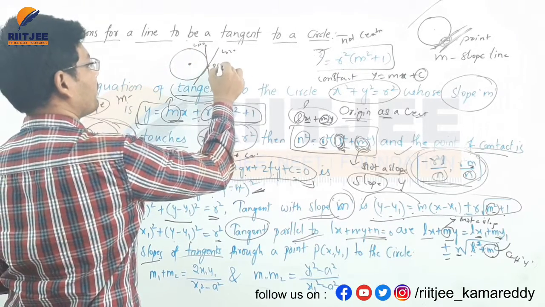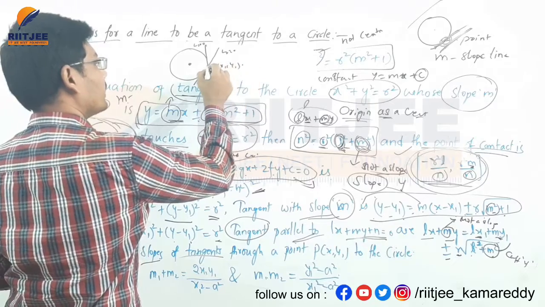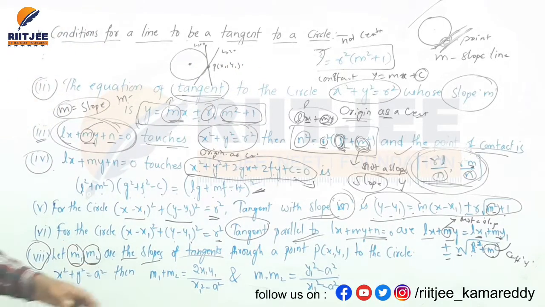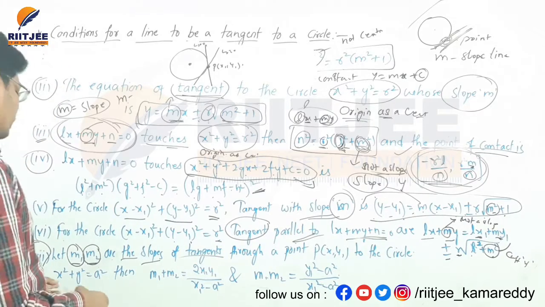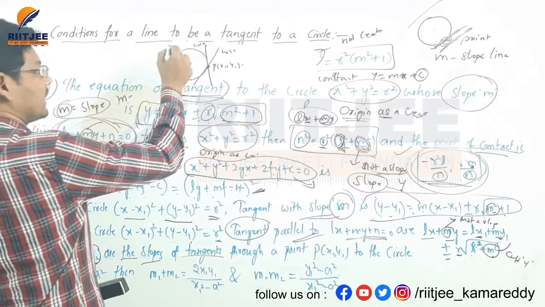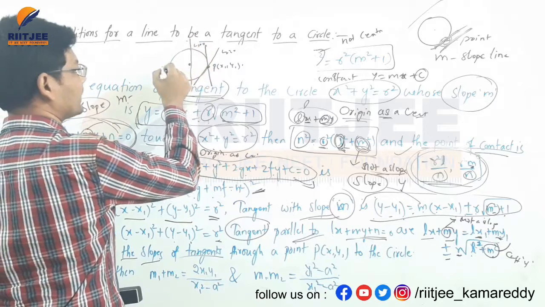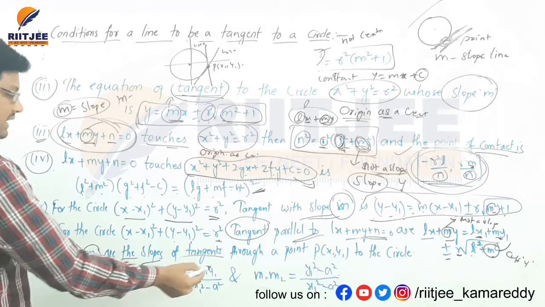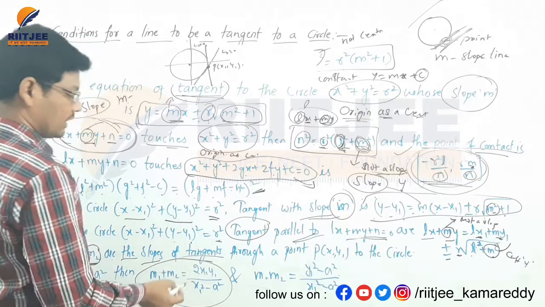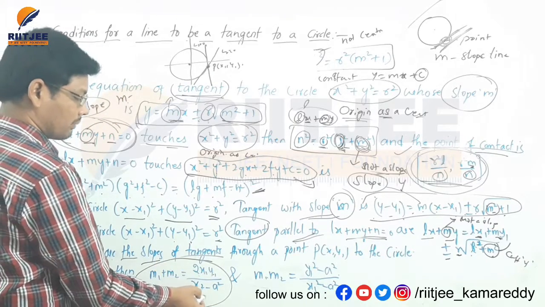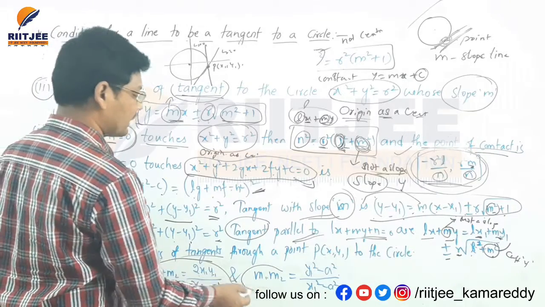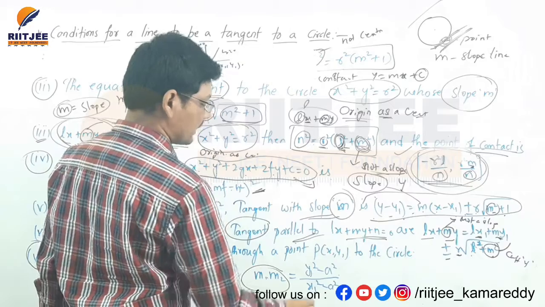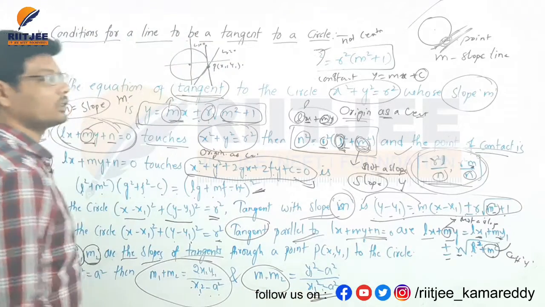This is point P(x1, y1). These two tangents have a common point, and the circle x² + y² = a² has the origin as its center. Then the sum of the two slopes is 2x1y1/(x1² − a²), and the product of the two slopes is (y1² − a²)/(x1² − a²). These are the two conditions.